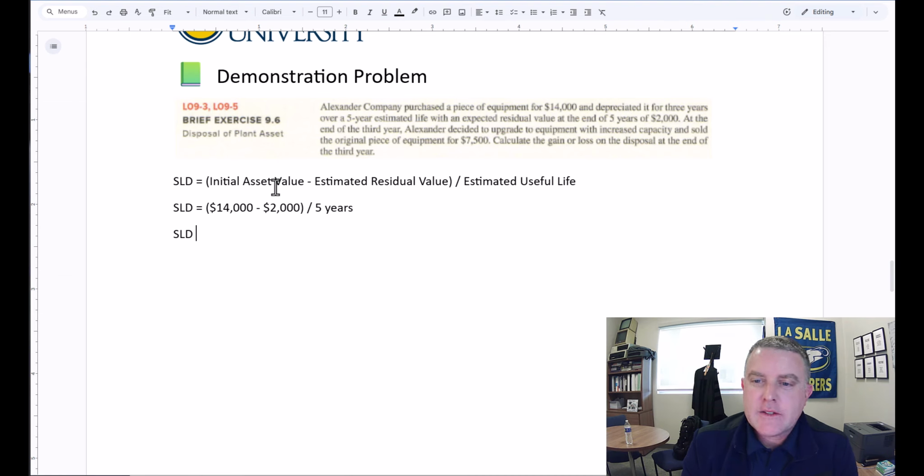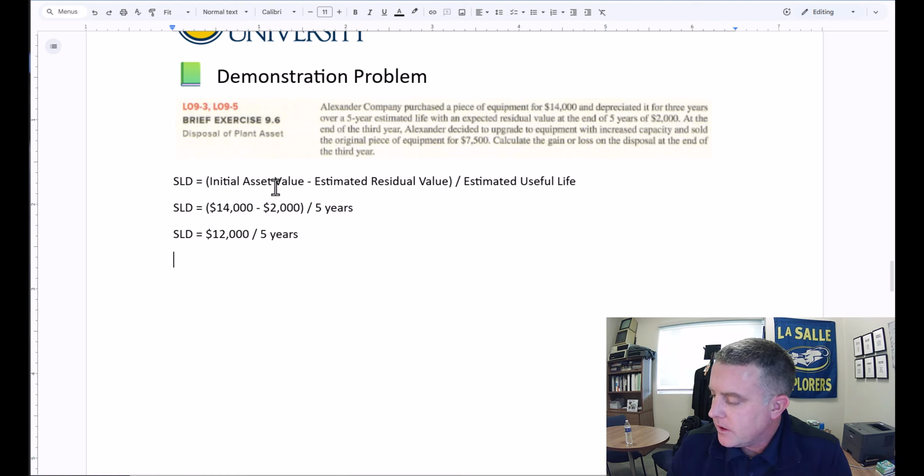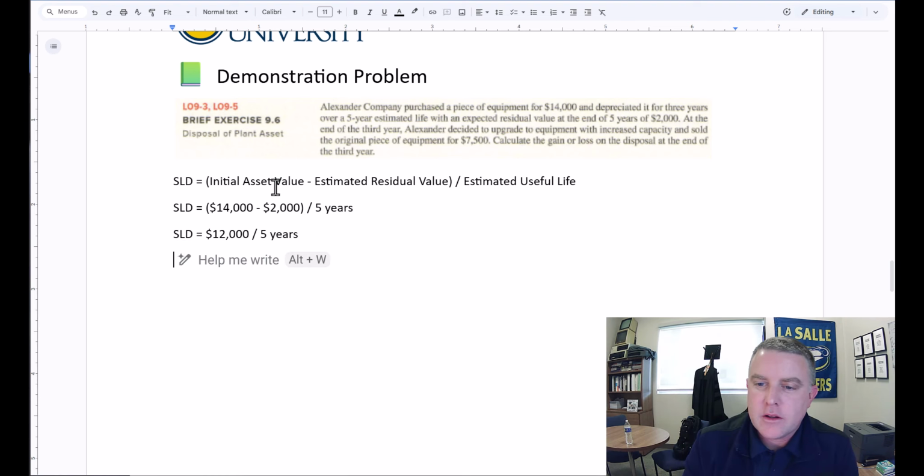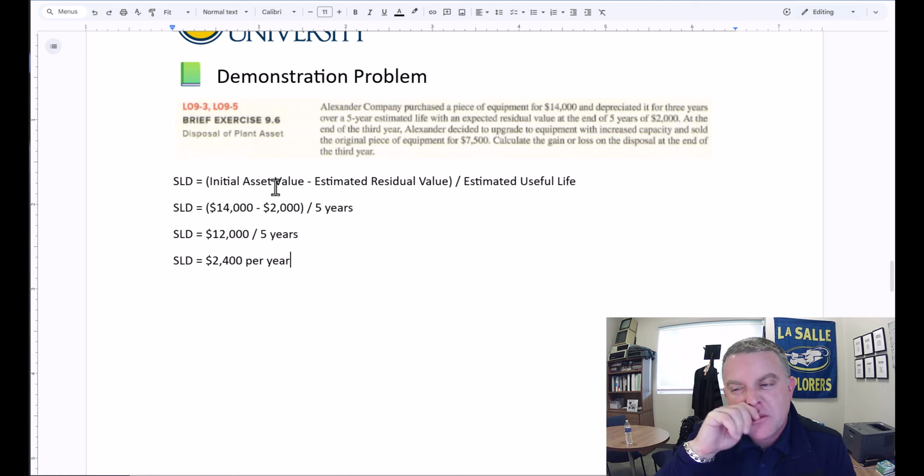So our calculation is $12,000 divided by 5 years, and when you do 12,000 divided by 5, you get $2,400 per year. $2,400 straight line depreciation per year. Okay, and now we have the information we need to figure this out.